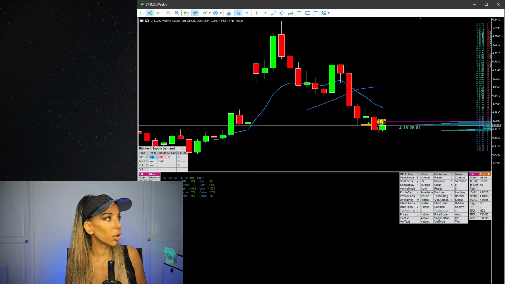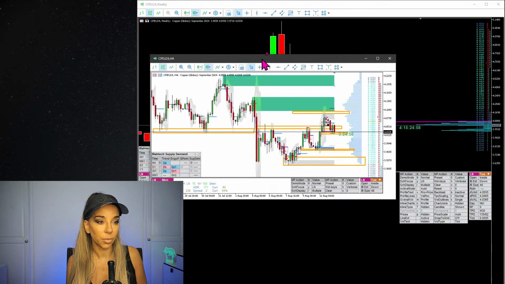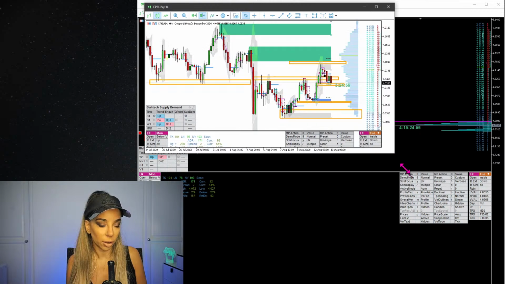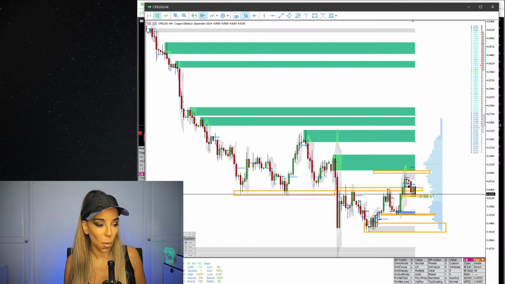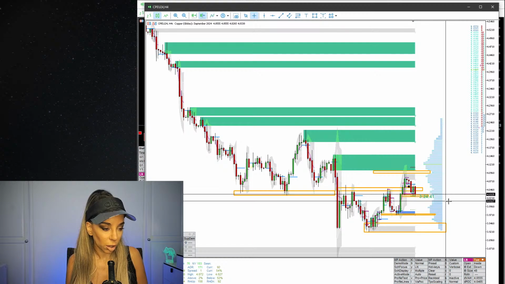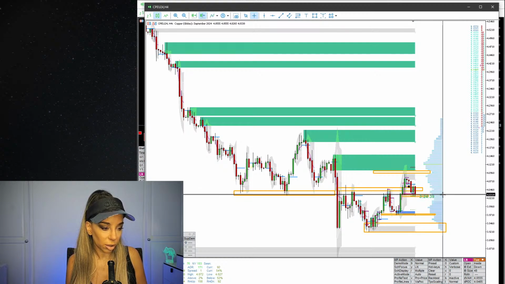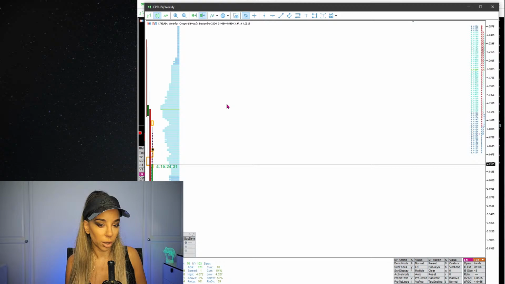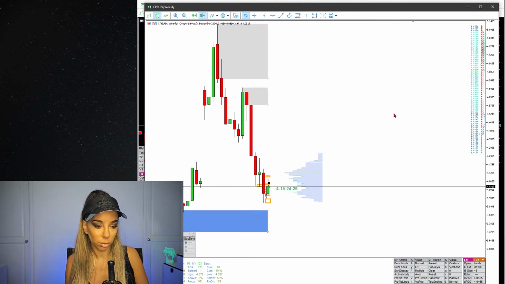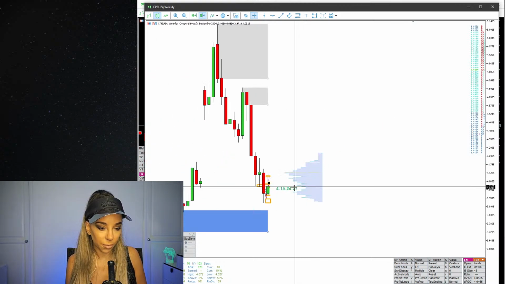So the first thing that I'm going to do on copper is to have a look at the volume profile that I've got on this other chart. Again, sorry about the white charts over here. So that trade that I ran yesterday did reach 2-hour target, so that was a nice start to the week. Over here, we have the volume profile. Now, it's pretty bunched up. This is a 4-hour chart, but let's have a look at the weekly just for context.